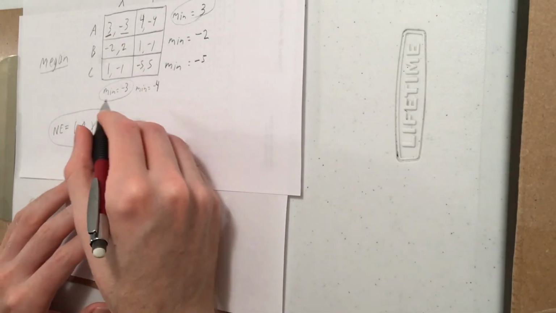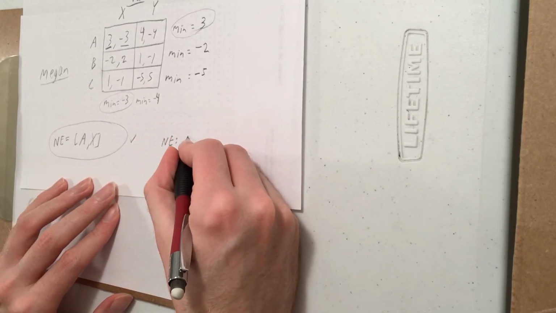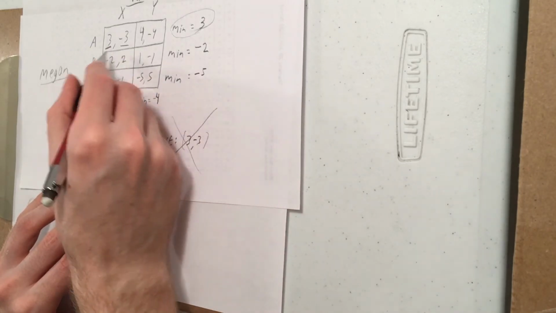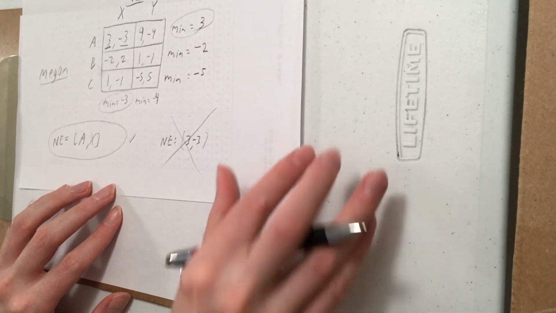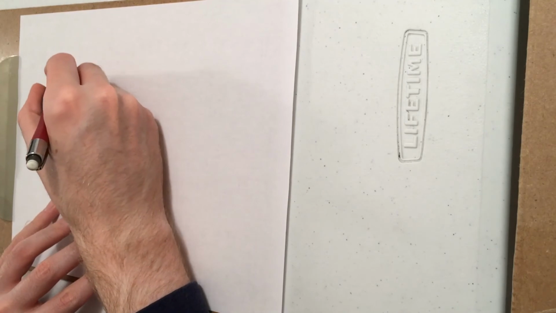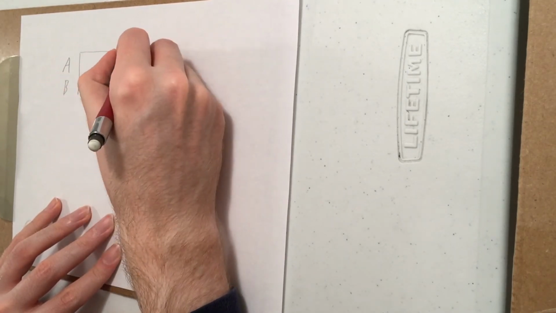Now, I did say earlier that it's important to write your Nash equilibrium as the strategies, not payoffs. So back in our example here, AX is right, but if you had written 3, -3, the payoffs, that's incorrect. Let me give you a concrete example of why it's so important to write it out as strategies rather than payoffs.